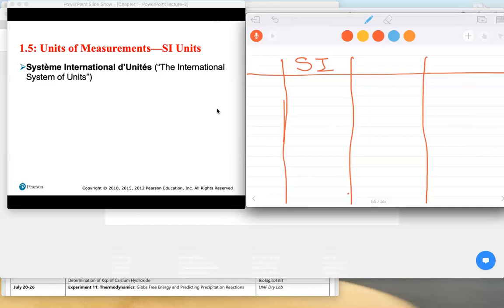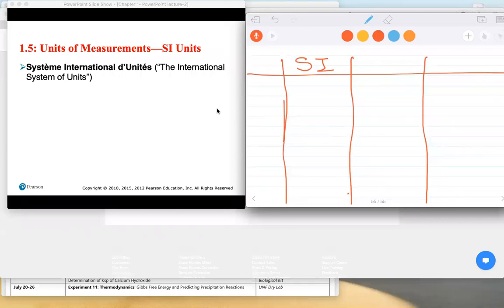Back in the day, when they were measuring length, for example the length of my stylus here, they used to base it on the king's foot. If I'm a king, they would use my foot as a standard of measurement. But you can imagine, a skinny king, a huge king with a large foot, there was inconsistency. That is why they devised a uniform system we call System International, or SI.